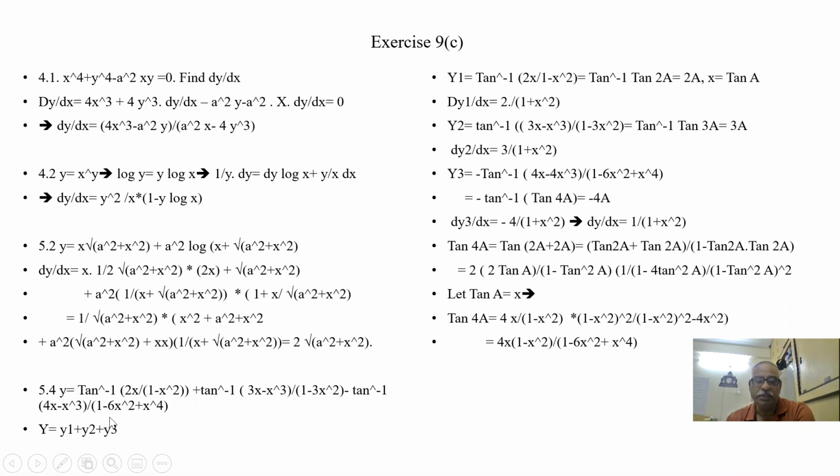This is what is given here. So this total figure is tan 4a. So minus 4 by 1 plus x square. So this is minus here. So when we add all the y1 plus y2 plus y3, we get the answer.